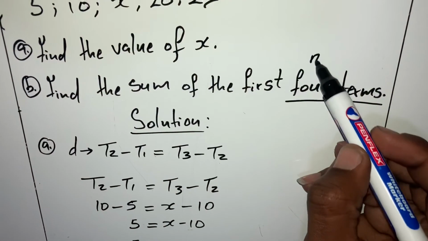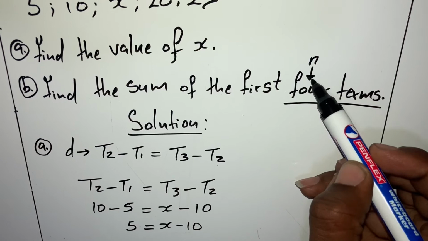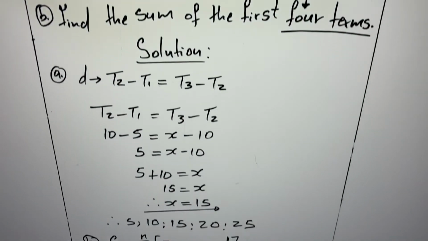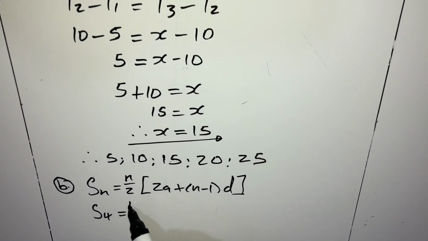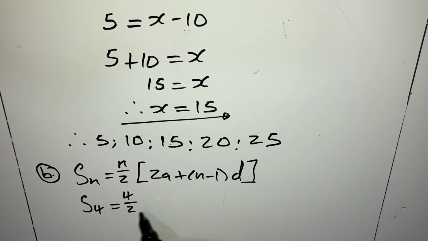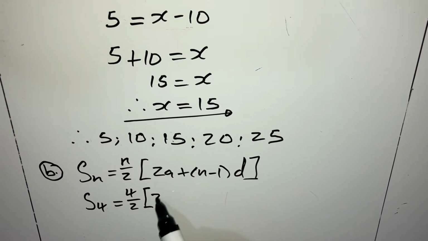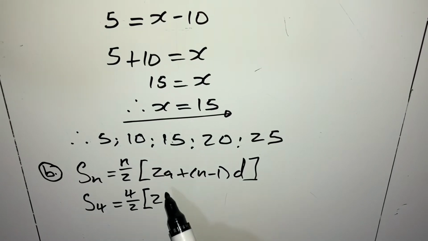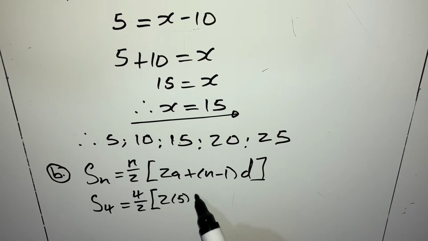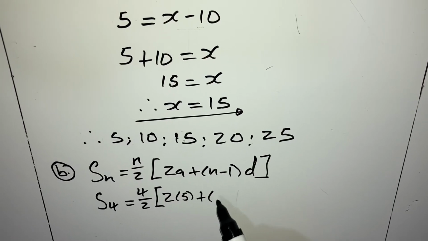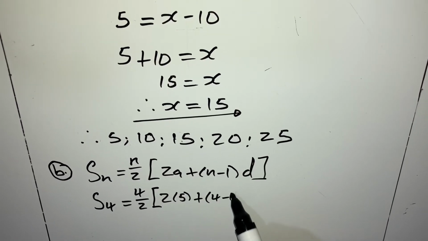We take our n to be 4 because it's the sum of 4 terms. Where there is n, I'll put a 4. Now it's 2 times our a, the first term, which is 5, plus our n, 4, minus 1.